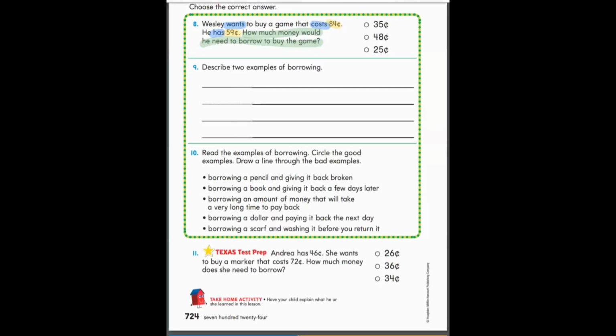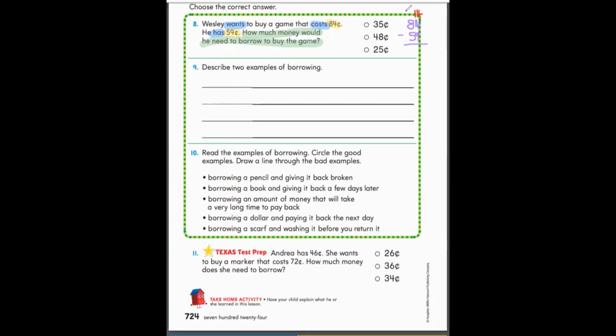Okay, so let's try to solve this problem. The game is 84, and he has 59. So we got to subtract. And then we solve. 4 minus 9. Can we do 4 minus 9? No, we can't do 4 minus 9. So we have to ask the neighbor. So this is going to be 14.